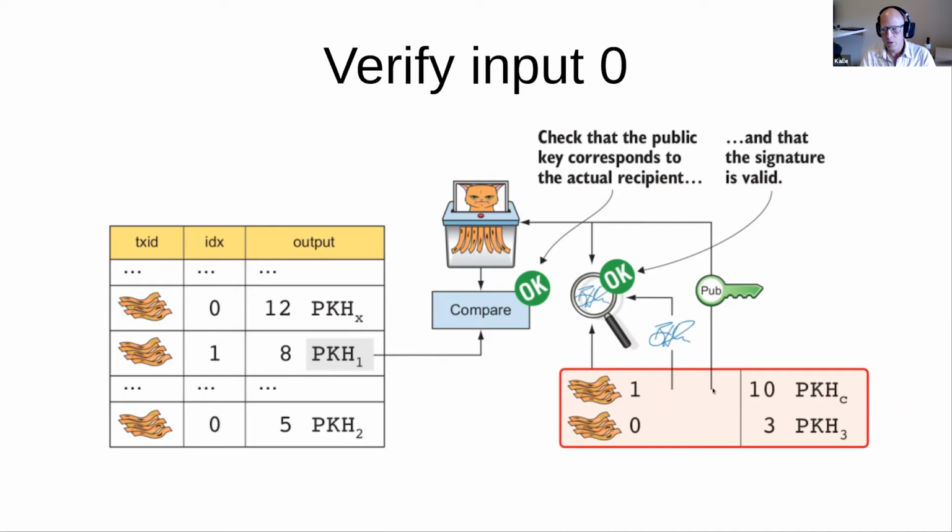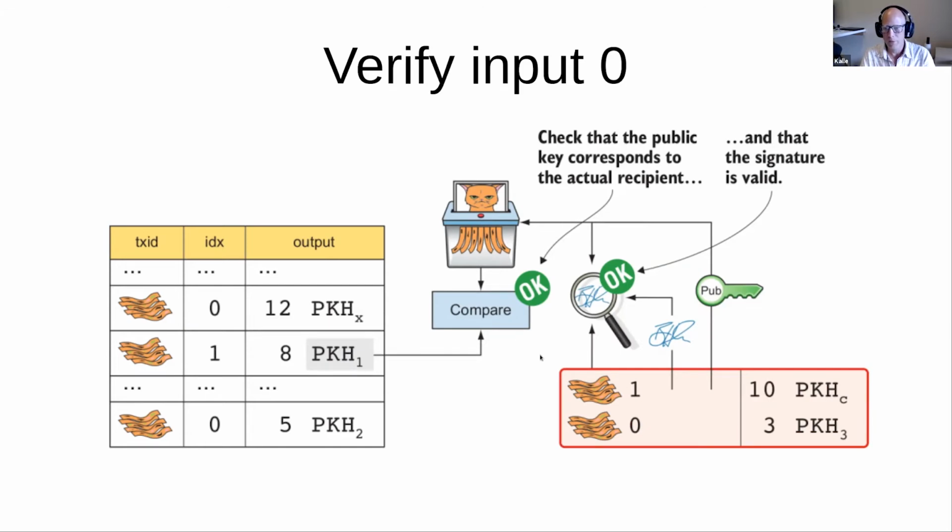And she would take the public key from the input and hash it using RIPEMD-160 and compare that with the public key hash in the UTXO set. If that matches, it's all good. Let's move on.